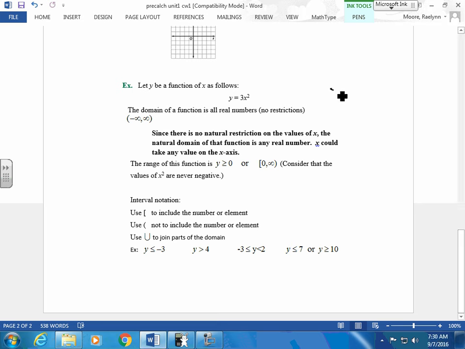Say my domain goes from -5 to -3, and then it jumps over here to 2, and it's open, and it goes to, say, 4, and that's open. We'll start like this. We'll go -5, -3, jump over, and to 4.